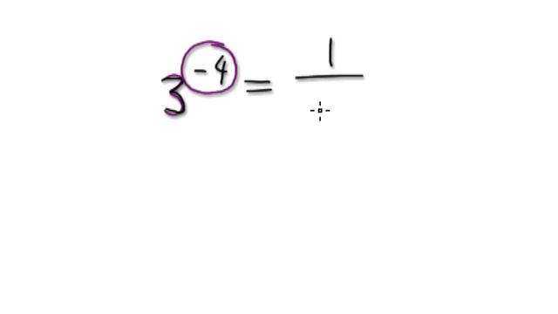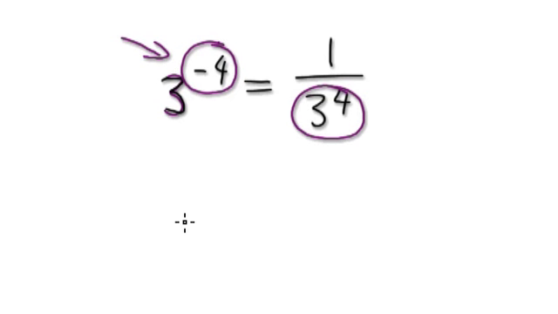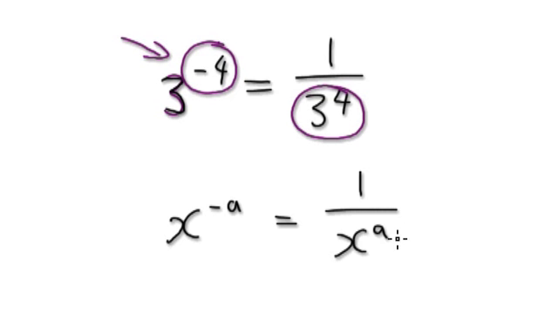So whenever you see something like 3 to the power of minus 4, this minus here is really hard to understand, so immediately jump to 3 to the power of 4 and try to work this out. Whenever you see x to the power of minus any number a, just imagine this as 1 over x to the power of a.